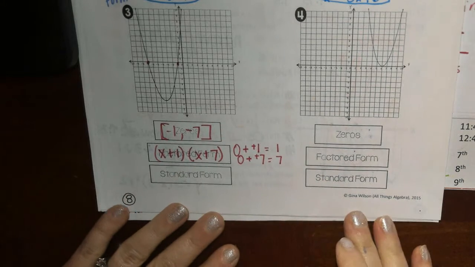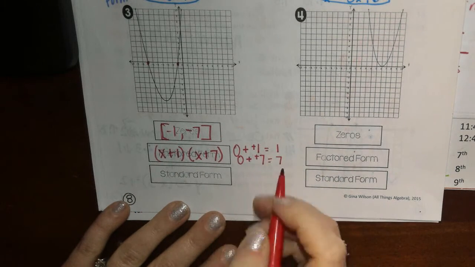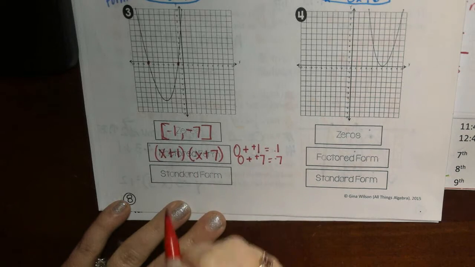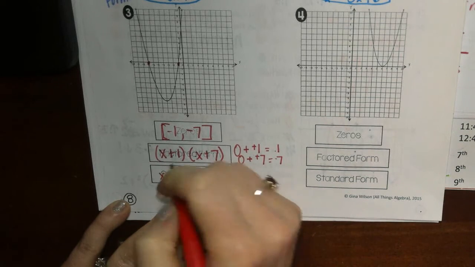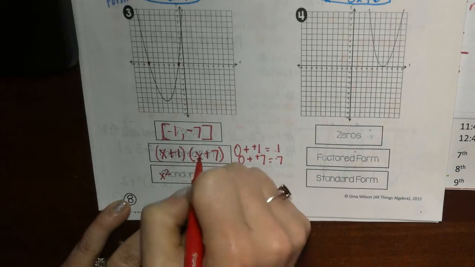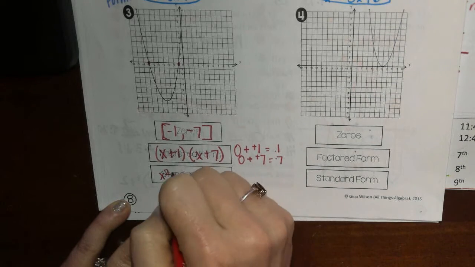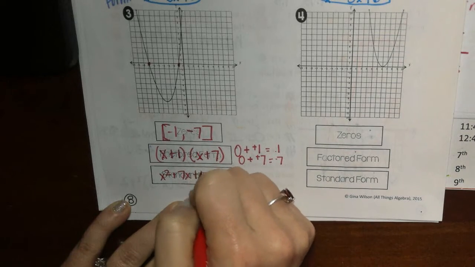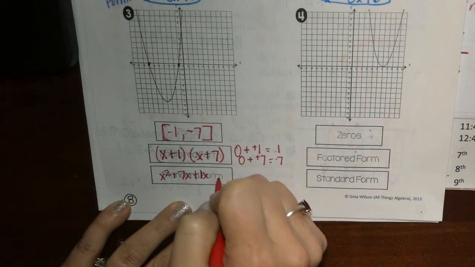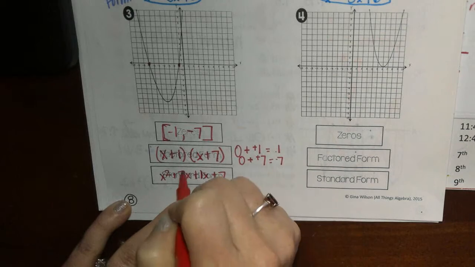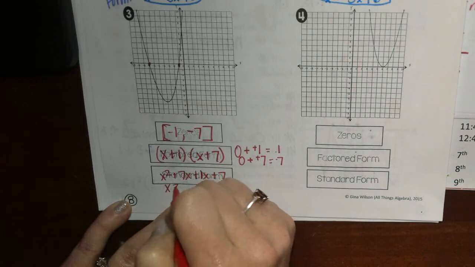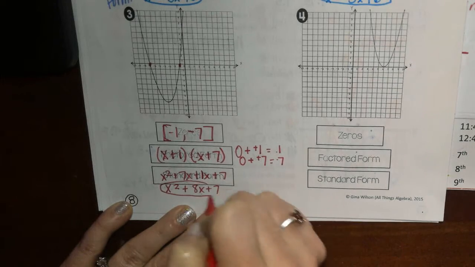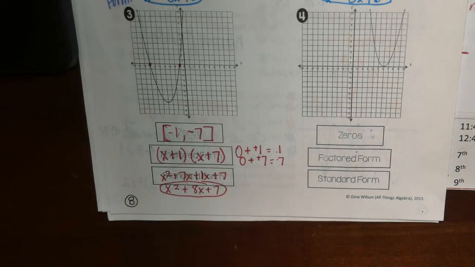Those are your binomials. Now we're going to FOIL. X times x is x squared, x times 7 is 7x, 1 times x is 1x, and 1 times 7 is 7. Let's combine those like terms, and that's what you get.